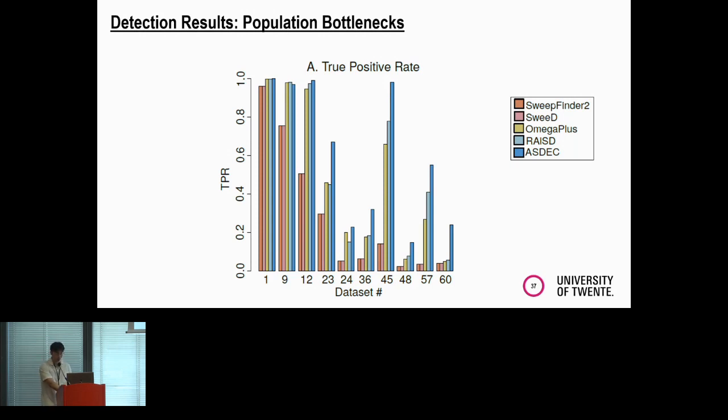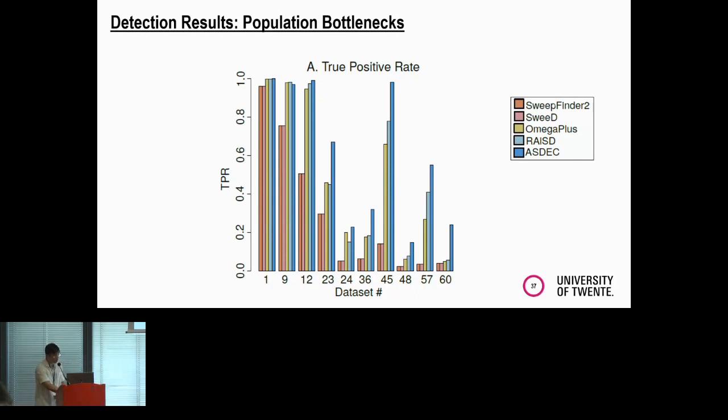Here we select 10 representative data sites to show the comparison results. Here the y-axis represents the TPR, while the x-axis represents the number of data sites. And here the higher TPR represents the better performance.